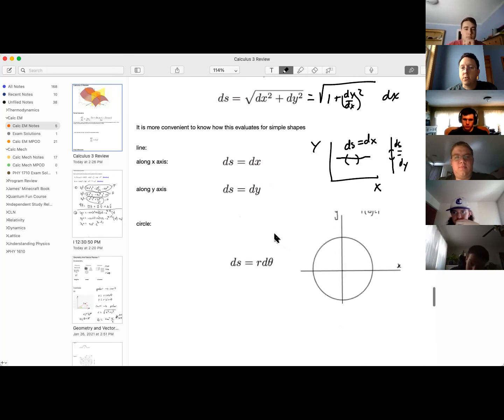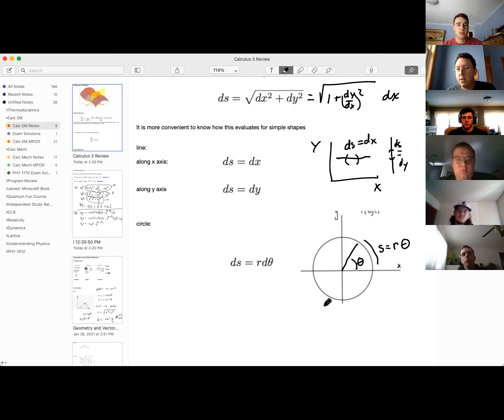Okay. What about circles? If you have a circle, we already know the formula for arc length from high school. If I had a wedge with an angle theta, the arc length S is R times theta, right?